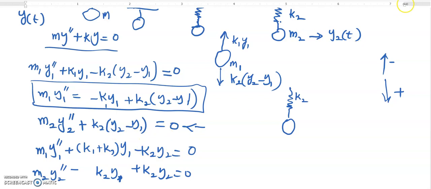Now we can solve these two equations by the Laplace transform.